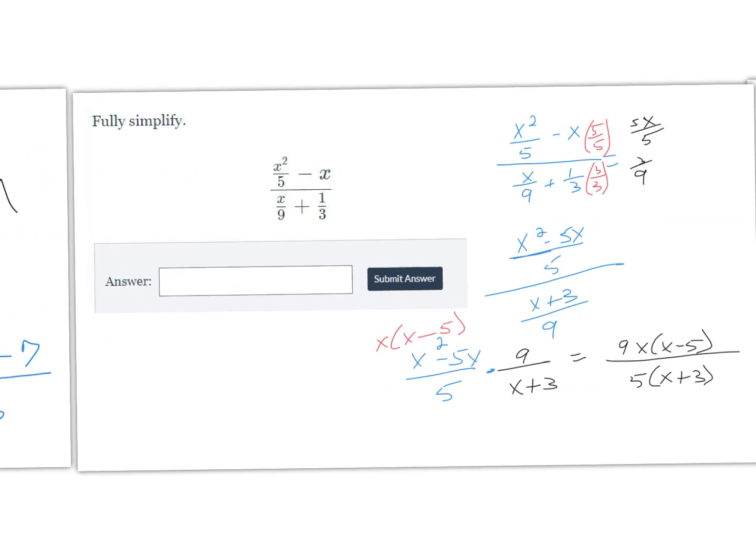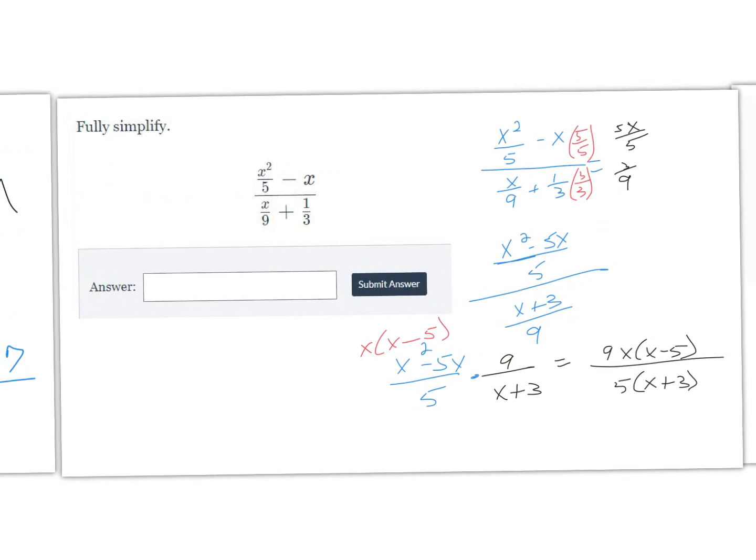All right, next question. This one wants you to fully simplify this: x squared divided by 5 minus x, all divided by x over 9 plus 1/3. All right, so the first thing we need to do is consider the numerator and the denominator, get some common denominators for each, and rewrite it.